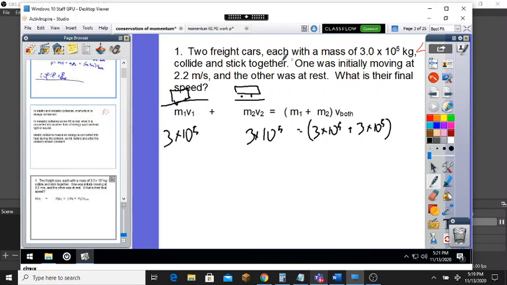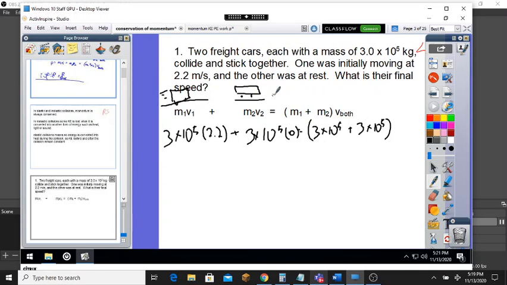So there's two cars, and let's say this one is moving and this one isn't. Okay, so how fast is this one moving? Well, one was initially moving at 2.2 meters per second. So we know the velocity of this one was 2.2. And the other is at rest. So this one's not moving, 0.